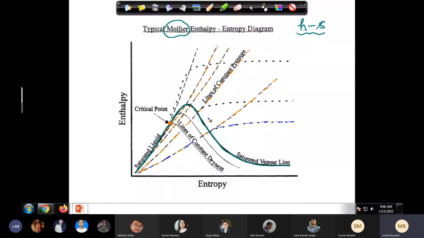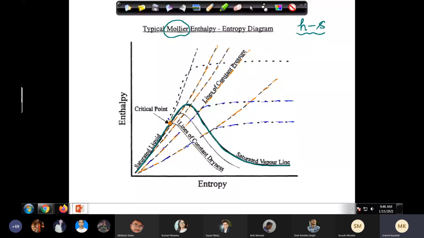First, let me draw, and then gradually you will understand this diagram. Although it's not the right time to discuss this diagram, I don't know whether we would be able to revisit this or not. And remember, without understanding this diagram you can use it freely, but I think we should discuss how we create this diagram. And then again, after the second law, at least, we can discuss this diagram again.